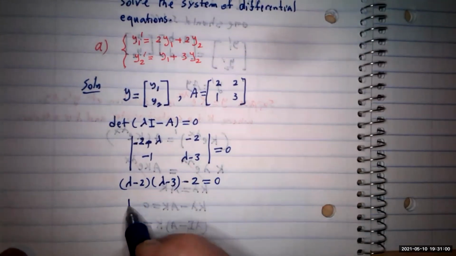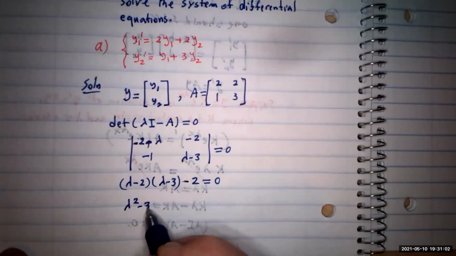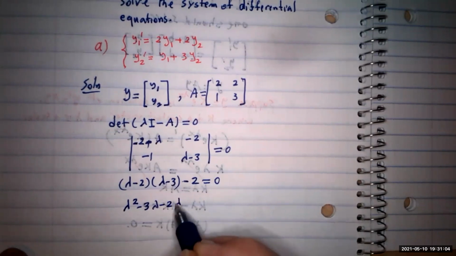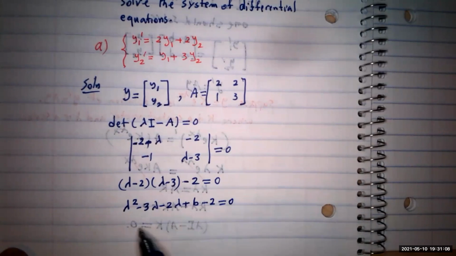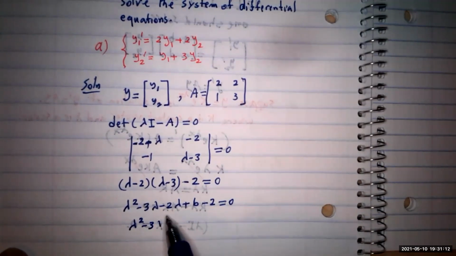So FOIL it: lambda squared minus 3 lambda minus 2 lambda plus 6 minus 2 equal to 0. So it's lambda squared minus 5 lambda plus 4 equal to 0.